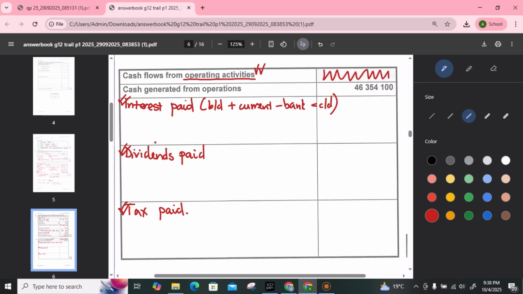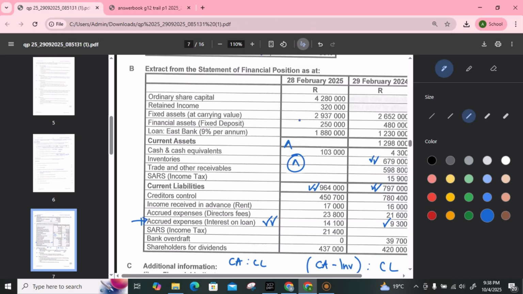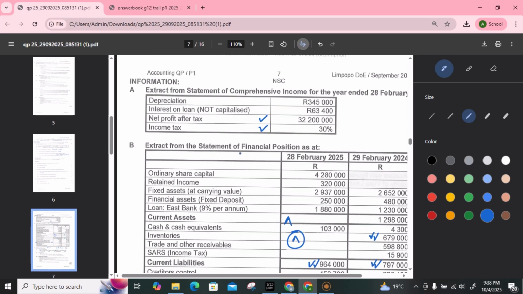You take 9,300, place it there, plus current. What is the interest expense amount for the current year? Interest expense amount for the current year is given right here in the income statement. So the moment I use the word current in a formula, I'm referring to the income statement. The BD and the CD, those are the figures that you get in the balance sheet.